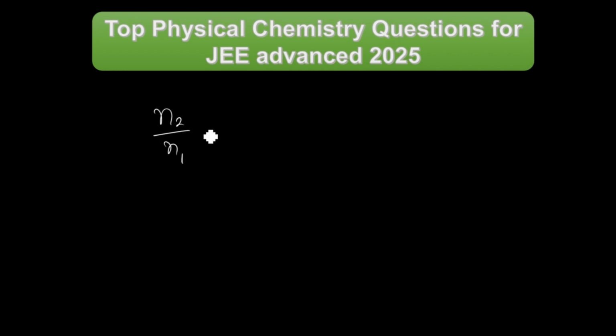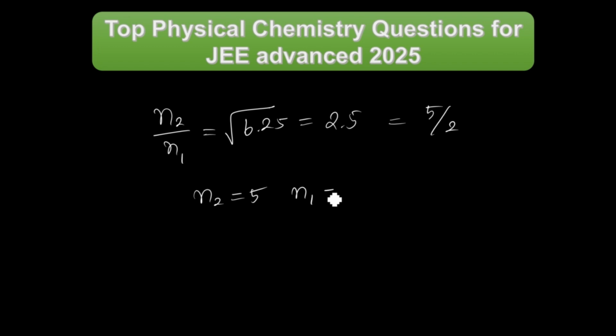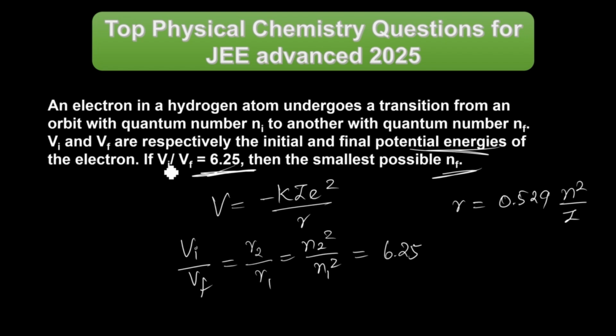So n2 by n1 is equal to root of 6.25, which is nothing but 2.5. Okay, so n2 by n1, 2.5 means 5 by 2. So which can be written as n2 is 5 and n1 is 2. Correct? So n2 value, that is nothing but the nf value, that is 5. Okay, so the answer to this question is 5.